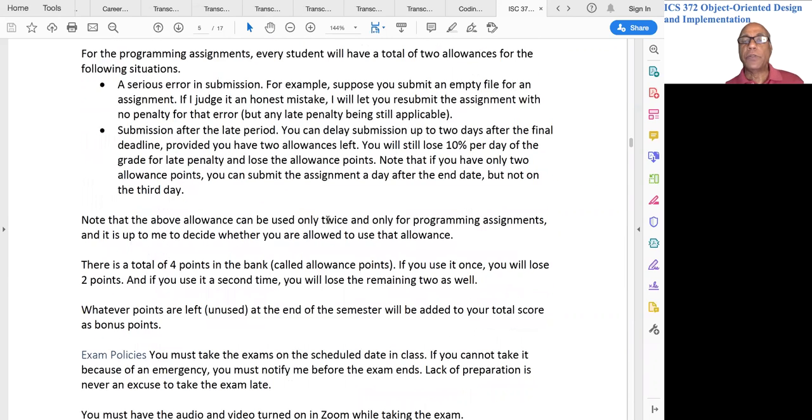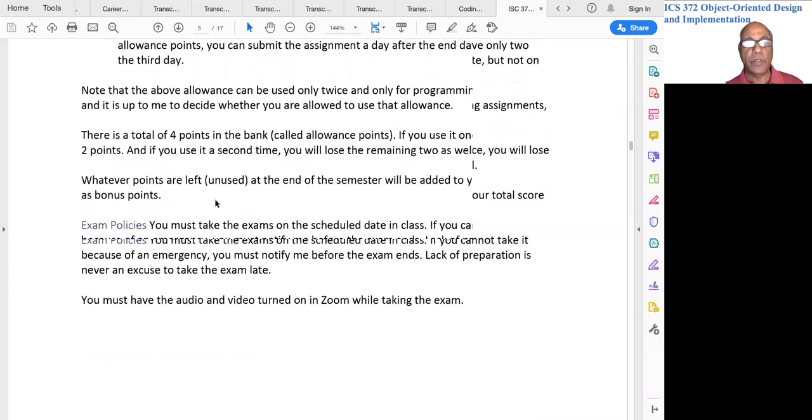But if you use an allowance once, you will lose 2 points from a bank of 4 points credited to you right at this point. If you don't use up your allowances, you will get these 4 points added to your total score.